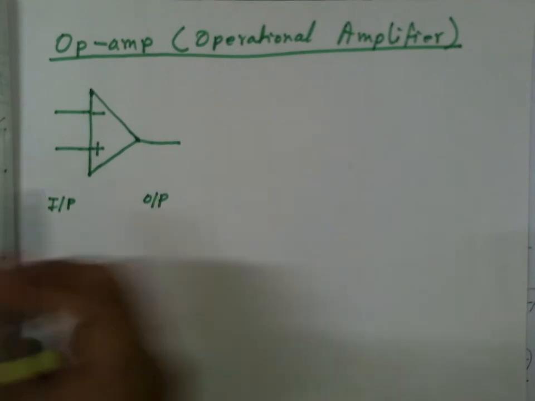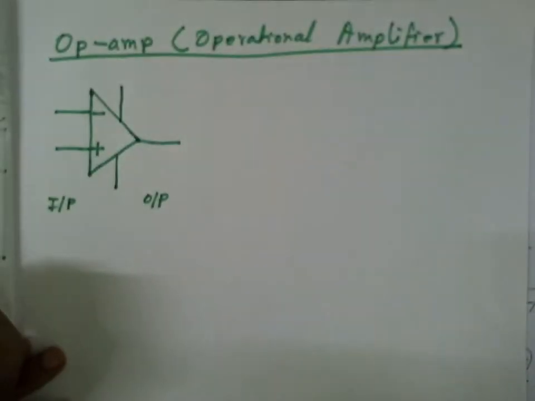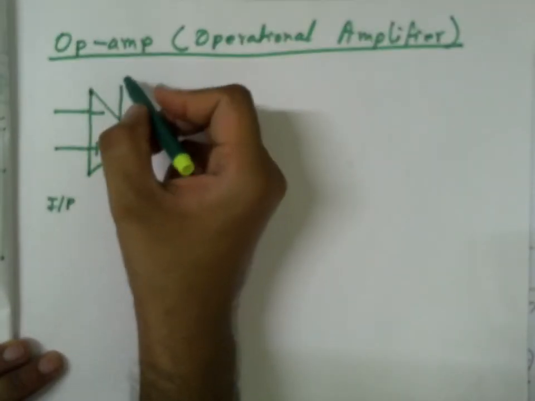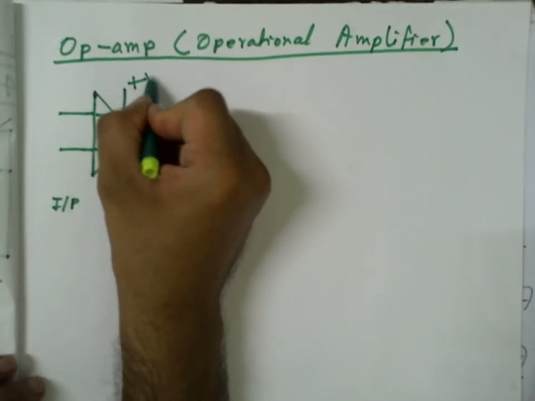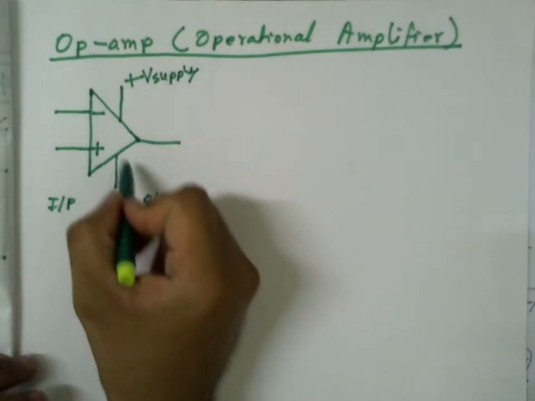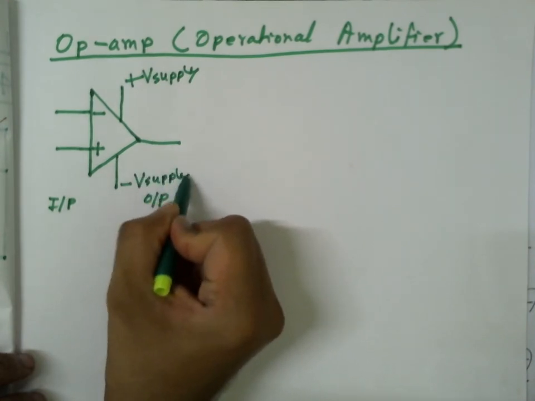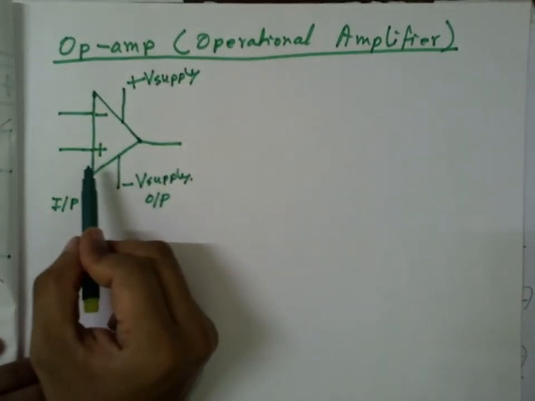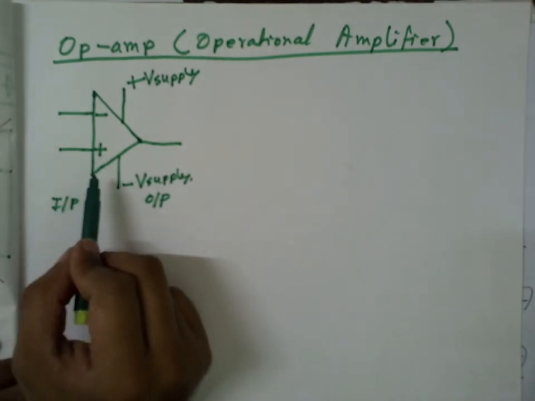Apart from that, this also has power supplies. So we connect one terminal to a positive supply voltage, plus V supply, and the other terminal to a minus V supply. This is not a passive device like a resistance, inductance, capacitance, or a diode.